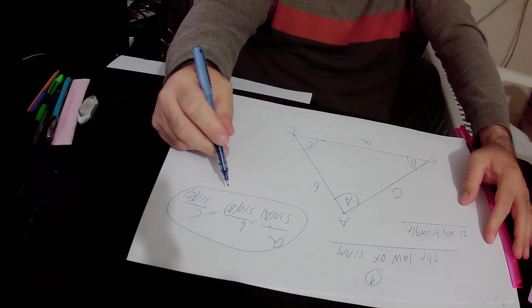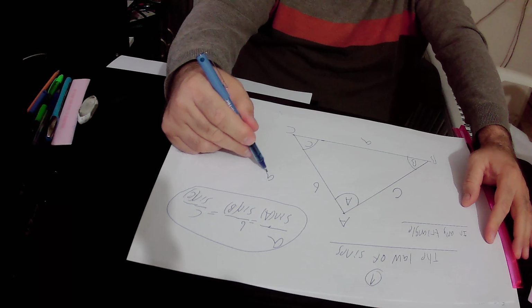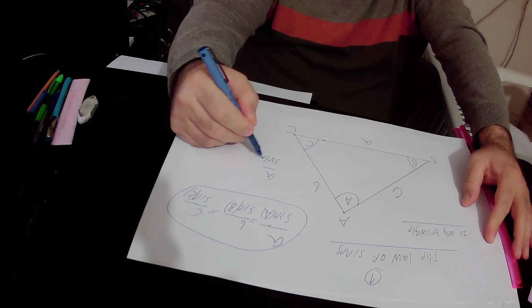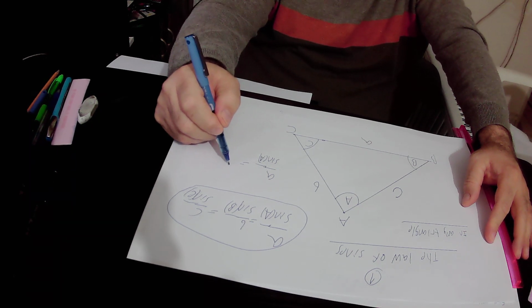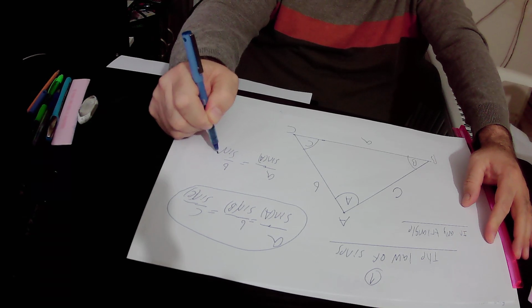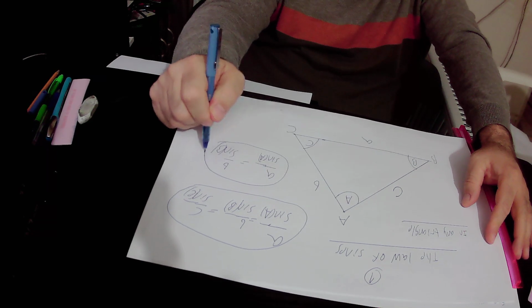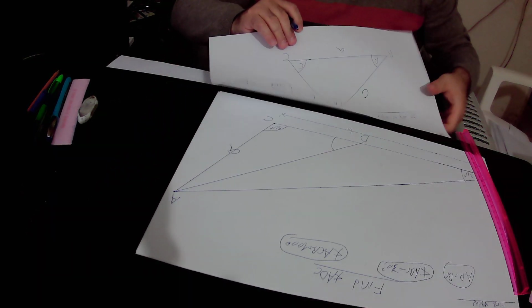So from the law of sines we can derive also that A over sine A equals B over sine B, and we can implement the law of sines in our drawing.